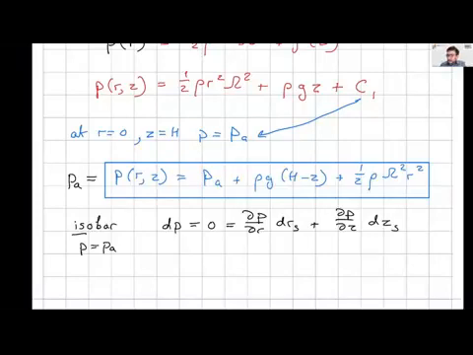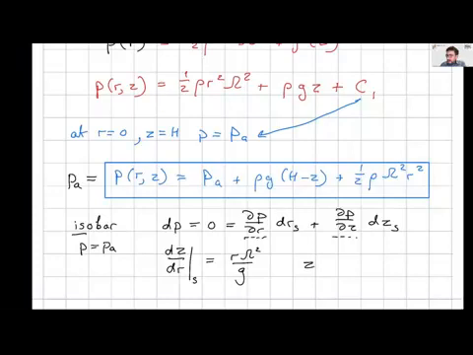In general, all of the isobars are given by substituting in for the expressions for dP/dr and dP/dz. And you'll find that along an isobar, a line of constant pressure, we must have r times omega squared over g is constant.